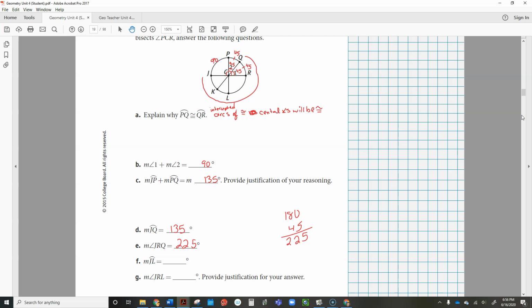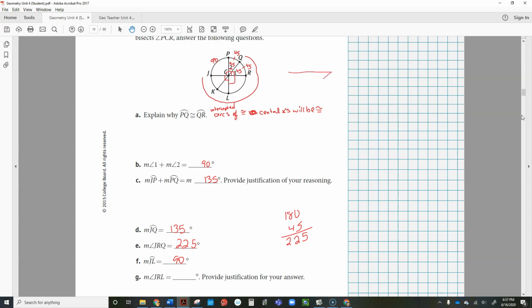The measure of arc JL. Well, this is that 90-degree angle again. If those two are perpendicular, then angle JCL is 90 degrees, so that means arc JL is 90 degrees. And the measure of JRL, I'm going to redraw that because that's a triangle.